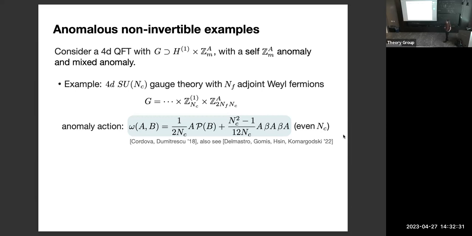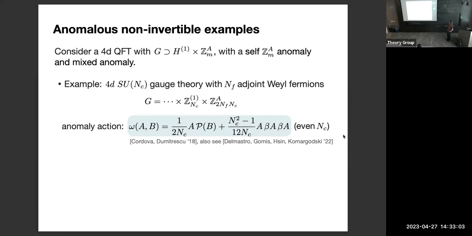Yeah, self anomaly. Good. So exactly something like this. In 4 dimensions, this would be something like A dA dA, or the finite analog of that type of coupling. Right off the top of my head, I can think of 2 examples. One example is adjoint QCD, and another example is N=4 super Yang-Mills. I'm not going to talk about the N=4 super Yang-Mills example, but let me mention the adjoint QCD example.